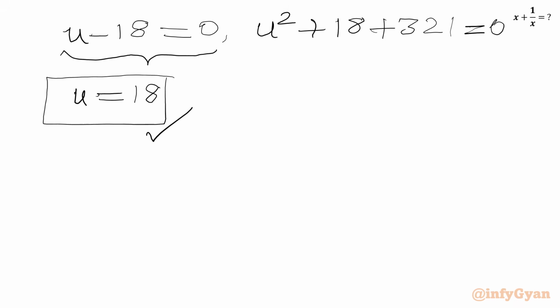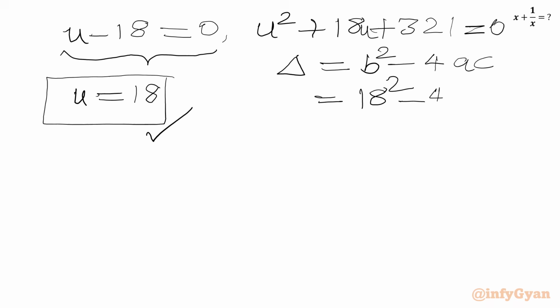Now we have to solve this quadratic equation. I will calculate only the discriminant. Discriminant is b square minus 4ac. Now b is the coefficient of u, which is 18 square, minus 4 times 1 times 321. 18 square is 324 minus 4 times 321, this is 1284.